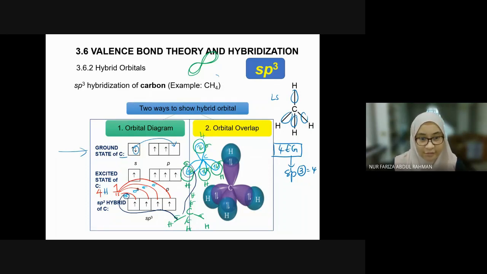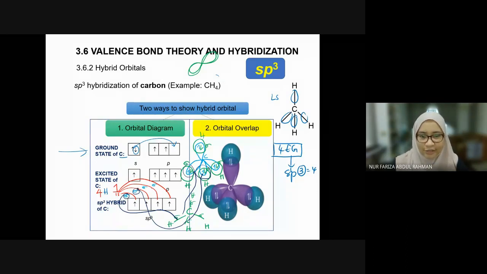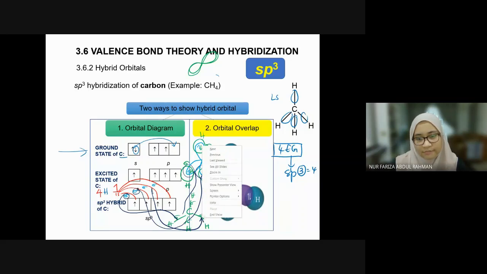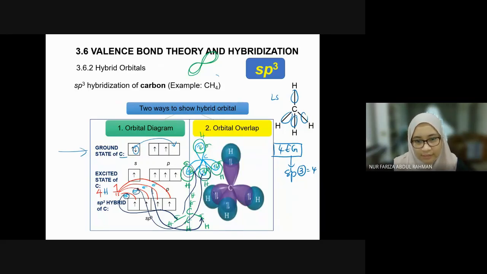Okay, the second sigma bond will be from this one, which is the same as this one, and this one also is the same as this one. Okay, apa benda this one, kalau lost memang awak takkan faham lah. So kalau yang ini, this is the sigma bond, which also the same as this one.